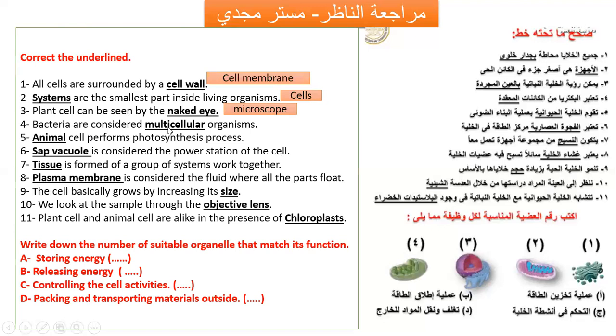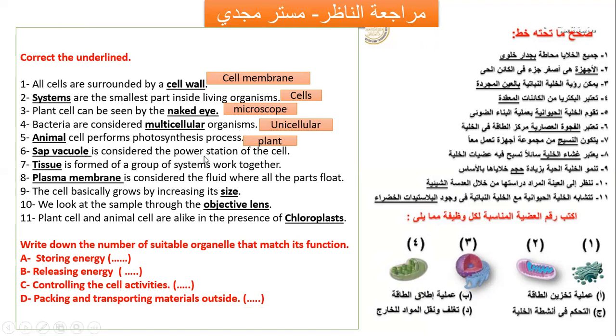Bacteria are considered multicellular. Bacteria multicellular or unicellular? Yes. Animal cell performs photosynthesis process. Photosynthesis process is performed by plant cell due to what? Yes, chloroplasts. Plant cells have chloroplasts, so they perform the photosynthesis process.